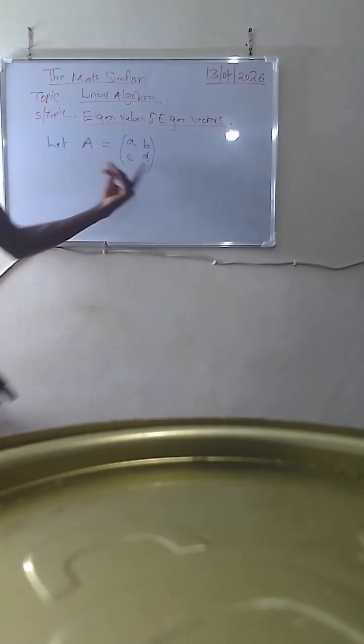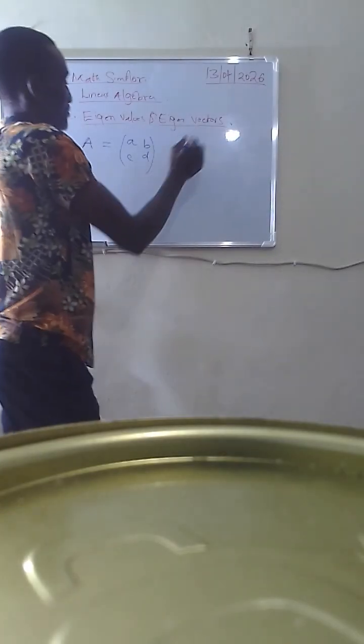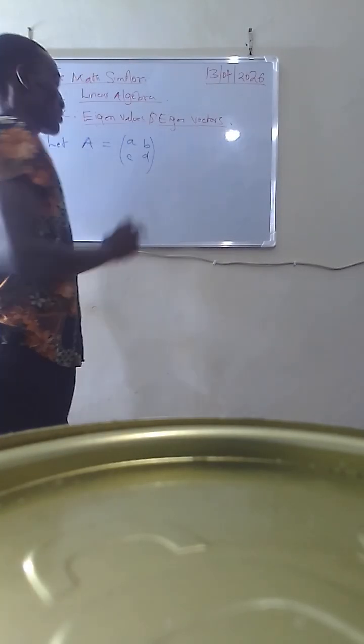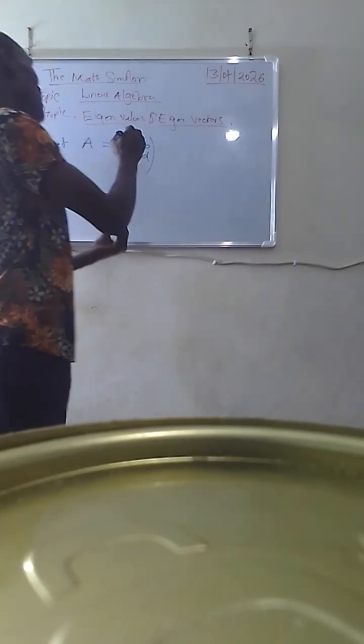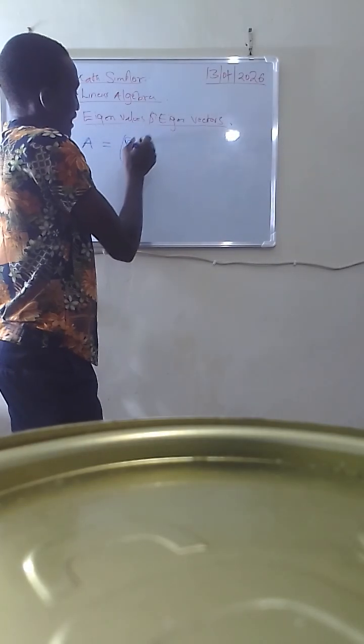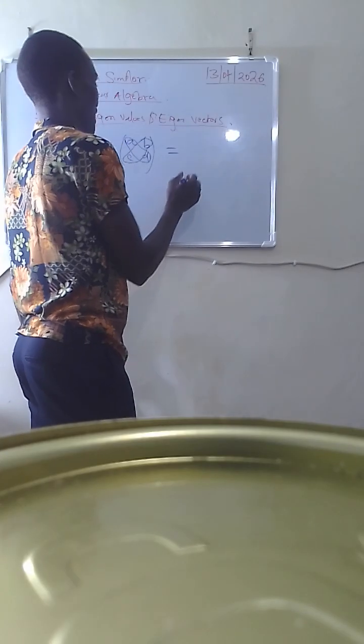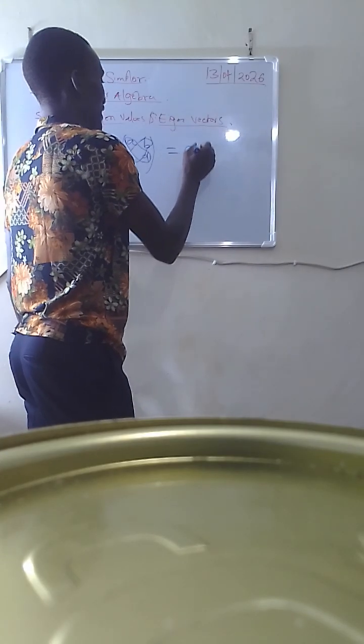The first thing we do is find the determinant, which is the product of this diagonal minus the product of this diagonal.